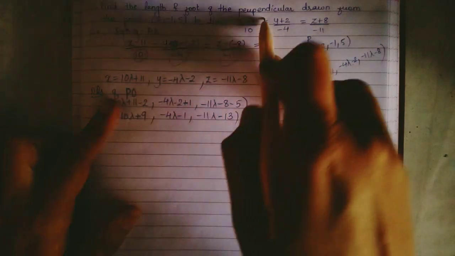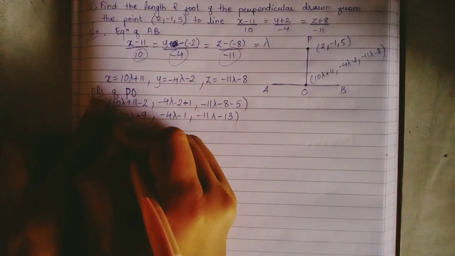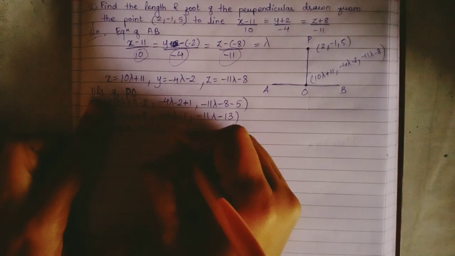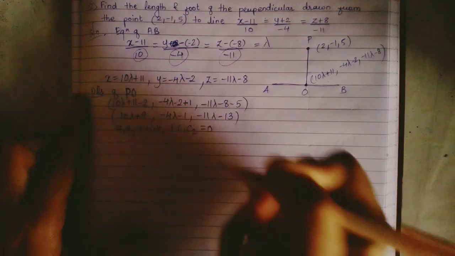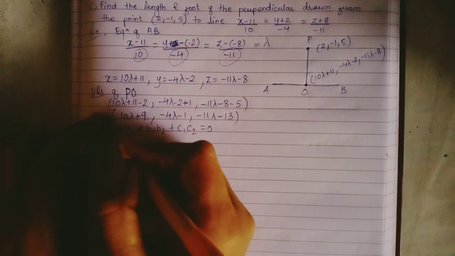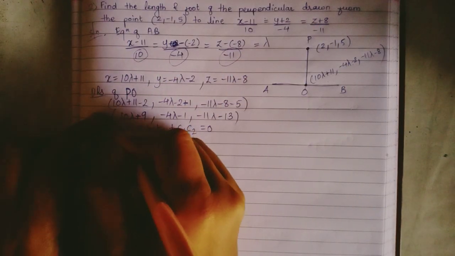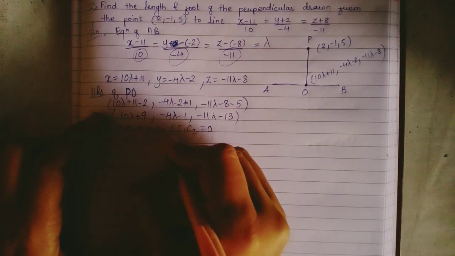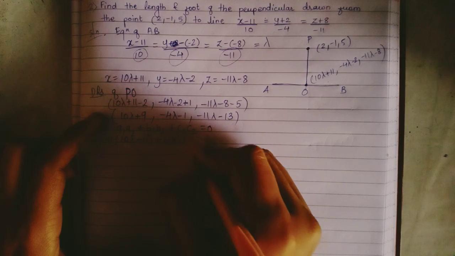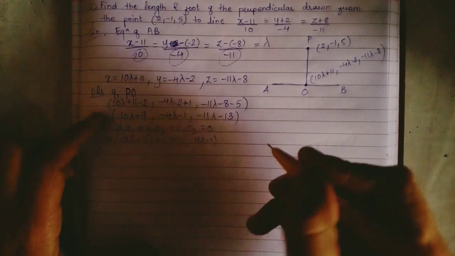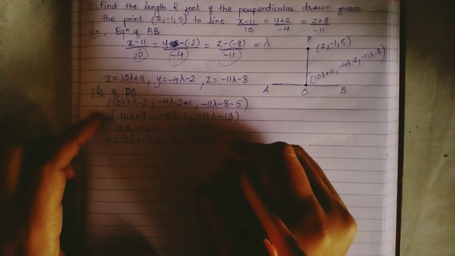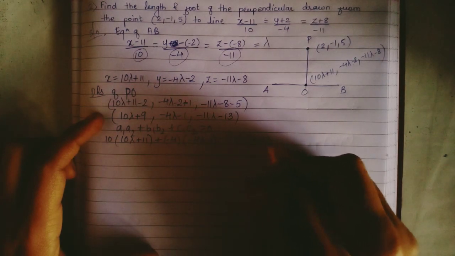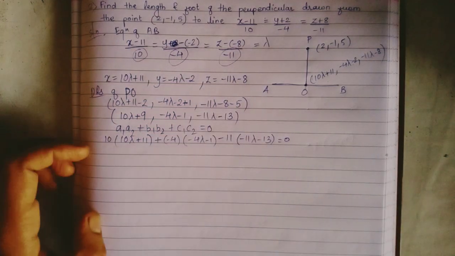Since it is given perpendicular, we can make use of the equation a1 a2 plus b1 b2 plus c1 c2 is equal to 0. So multiplying the direction ratios, you will get 10 into (10 lambda plus 11) plus minus 4 into (minus 4 lambda minus 1), then minus 11 into (minus 11 lambda minus 13) equal to 0.